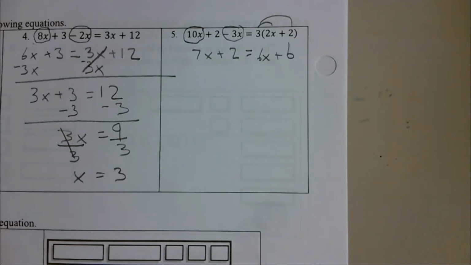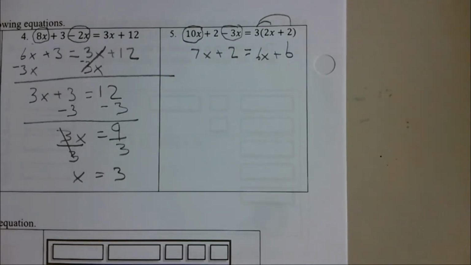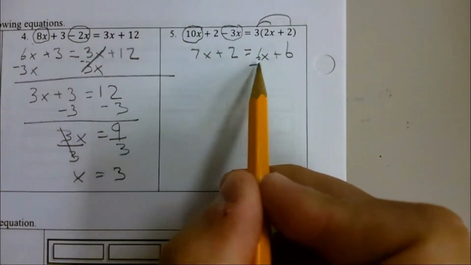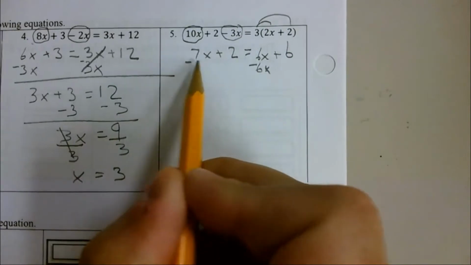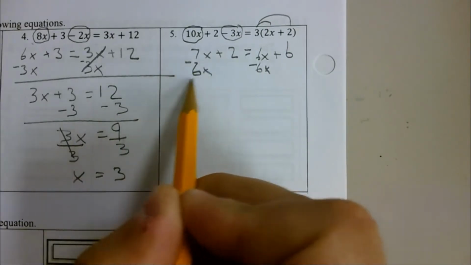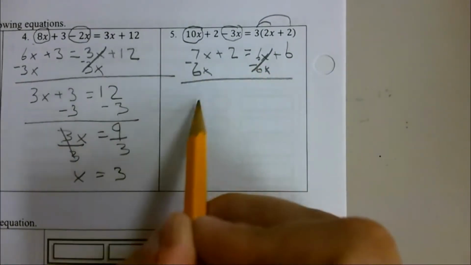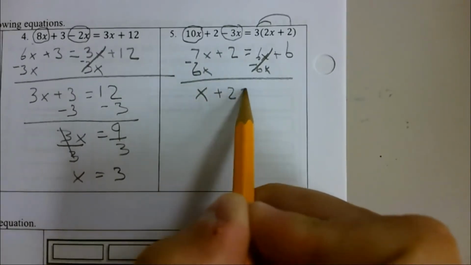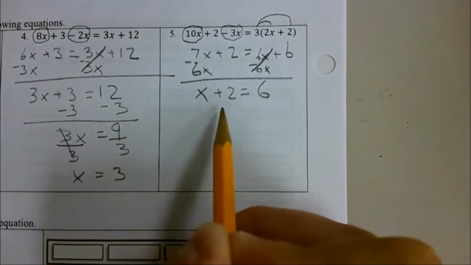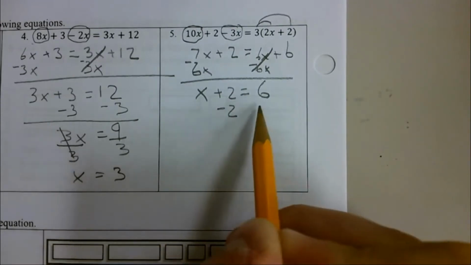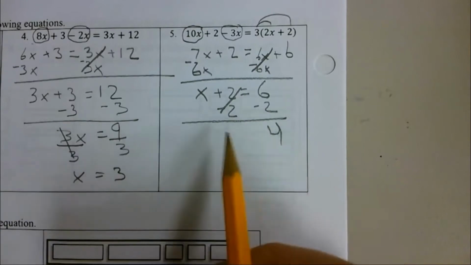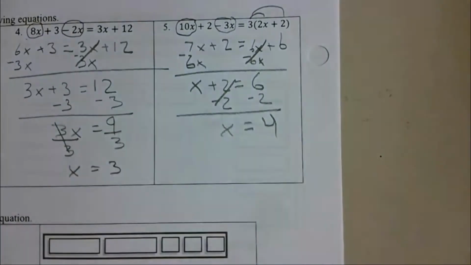Again, I want to try to keep my x's positive, so I'm going to subtract 6x from this side and this side, so that way when I subtract, I'm still left with a positive x, and then I have this plus 2 equals 6, and then to get rid of that 2 and get x by itself, I get x equals 4.